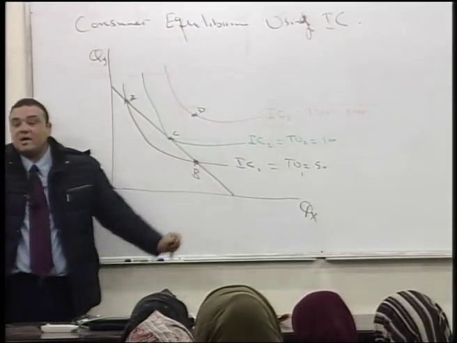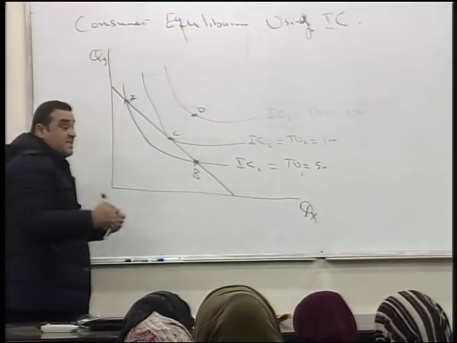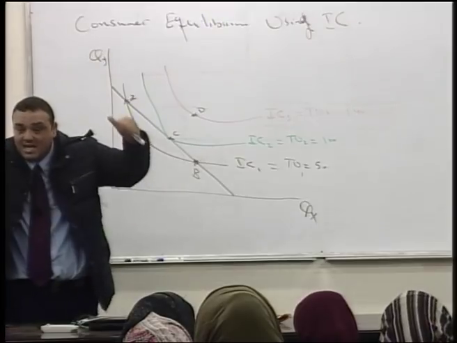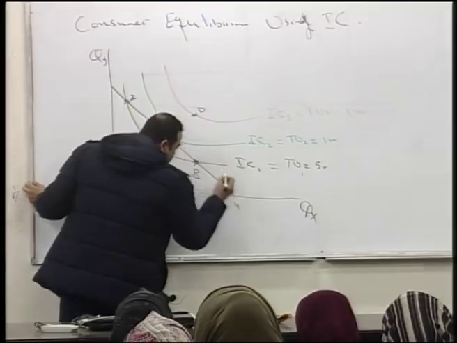Along this budget line, the consumer spends $100, for example, and he can buy how many units? We said 4 and 20.